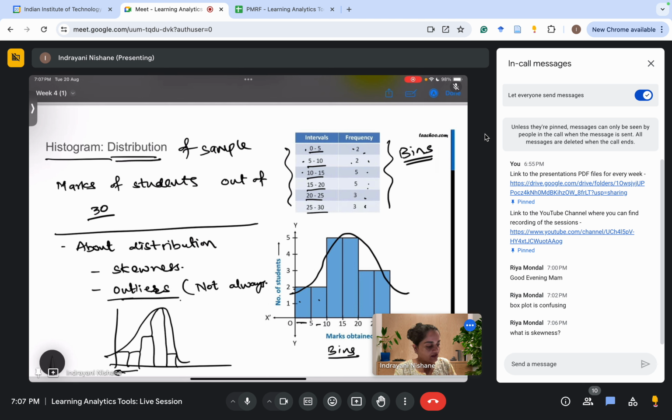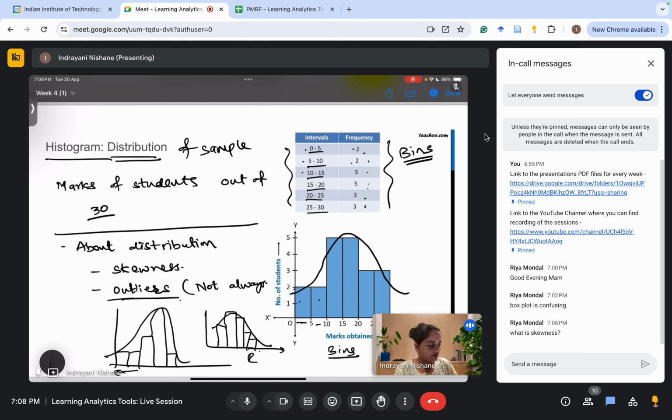So that means this particular sample is left skewed. If it would have been like this, then it would have been more students on the right side, right?